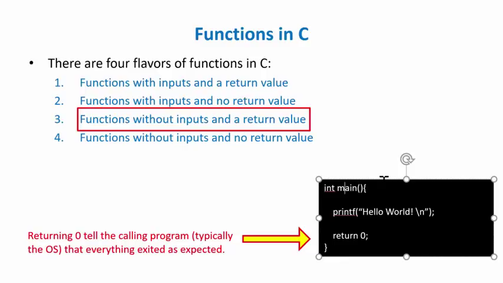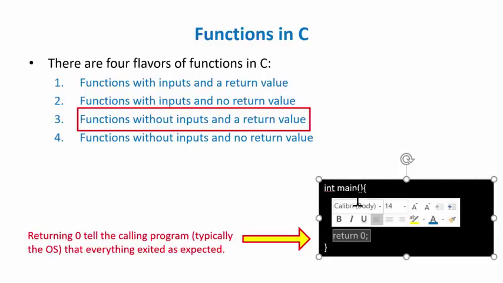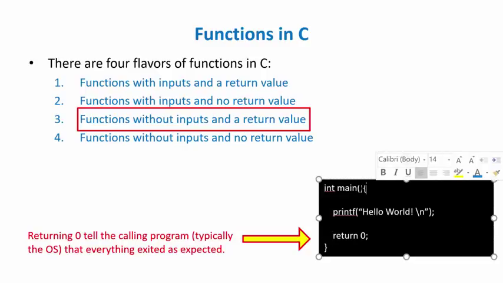The question then becomes, why are we returning an integer? Because we have an int as the return, and then down here we return 0. So when I execute this program, I'm passing a 0 to whoever called it when I'm done. When they first created C, these main programs were typically called by a higher level program, namely the operating system.